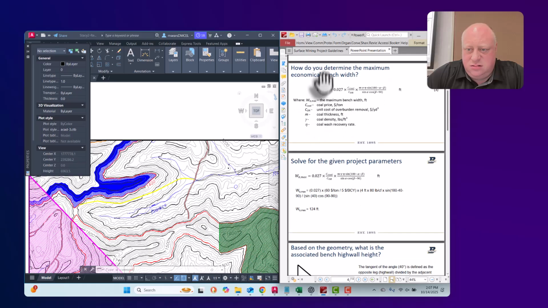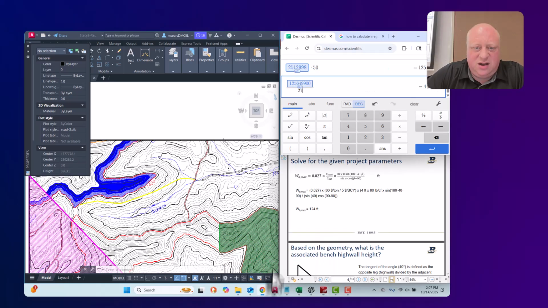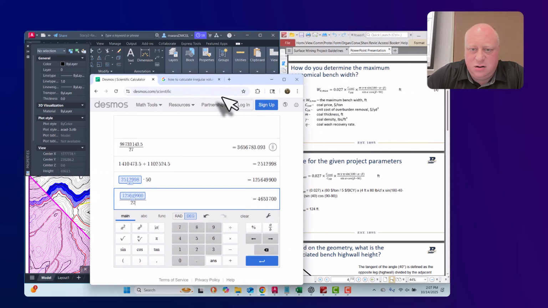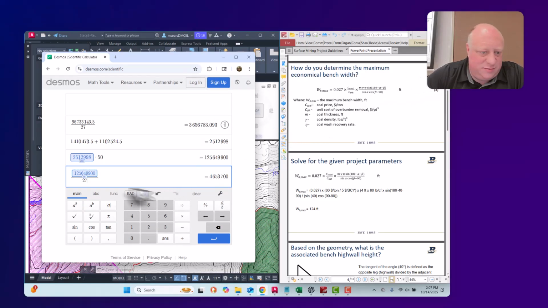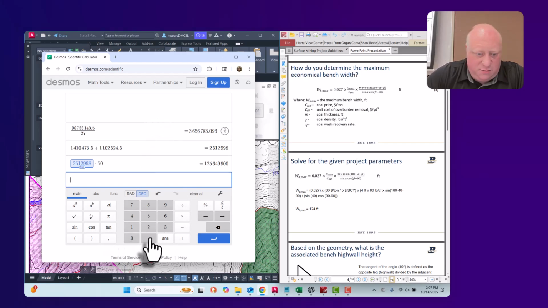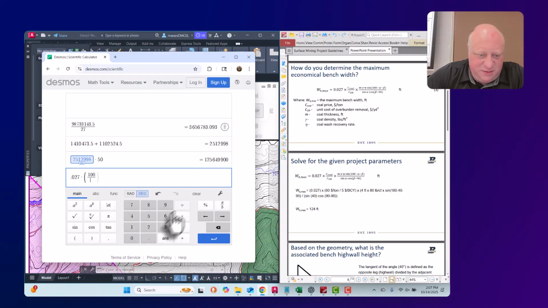okay, pull my calculator back over here so that it's up. Then we can type the whole thing in: 0.027 multiplied by 100 divided by 5, right?